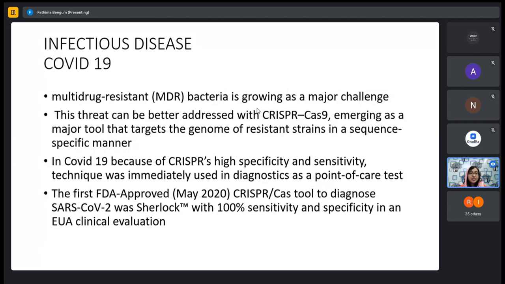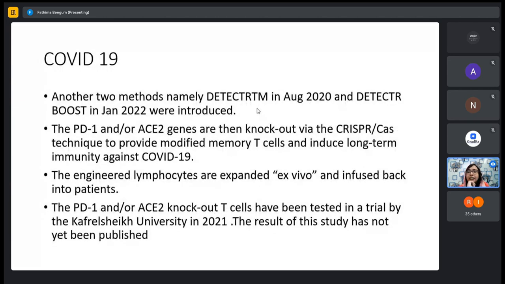In the European Union clinical evaluation, it was also 100% sensitive. Two other methods, DETECTR in August 2020 and Detector Boost in January 2022, are other CRISPR-based diagnostics for COVID-19 that were introduced.